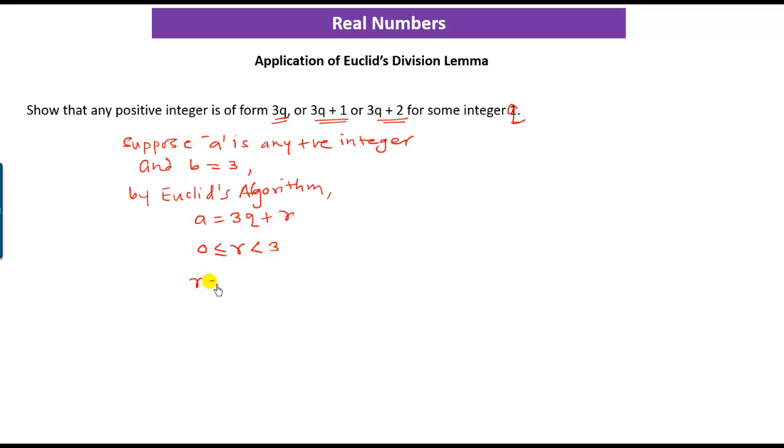It means r will be equal to 0, or r is greater than 0 but less than 3. It means r can be 1 or 2 also.